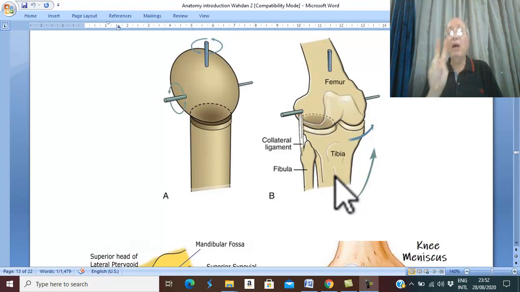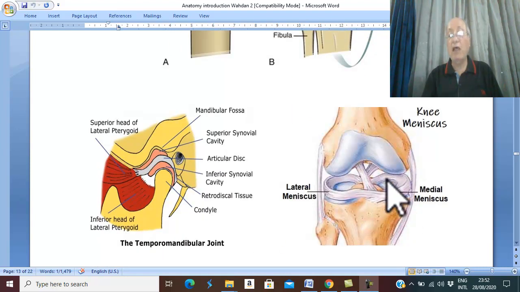The typical bicondylar joint is this: the medial and lateral condyles of the femur articulate with the upper concave surface of the tibia. This is bicondylar.